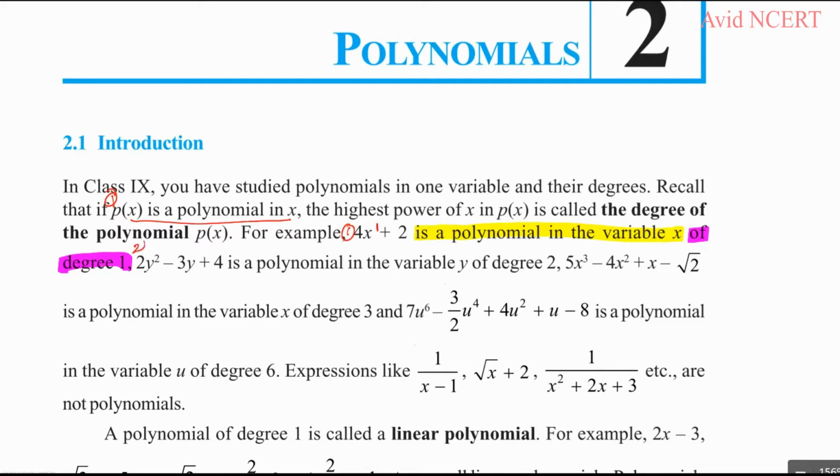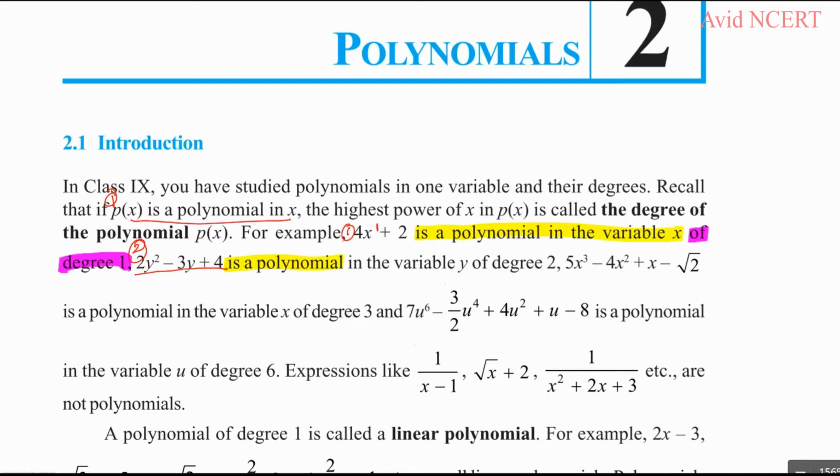Second example is 2y square minus 3y plus 4. In this case, highest power is 2. So whatever there in the question is a polynomial in the variable y. Or you can even split this into 3 parts. Is a polynomial. So this is a polynomial.